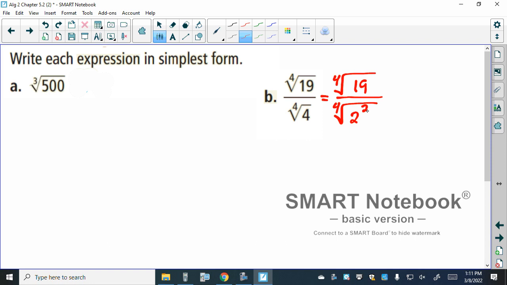And that is helpful because that tells us that we do have 2 2's in that 4th root. And how many 2's do I need to get the 4th root to go away? I need 4. Because if that denominator was the 4th root of 2 to the 4th, then the 4th root and that 4 would cancel.